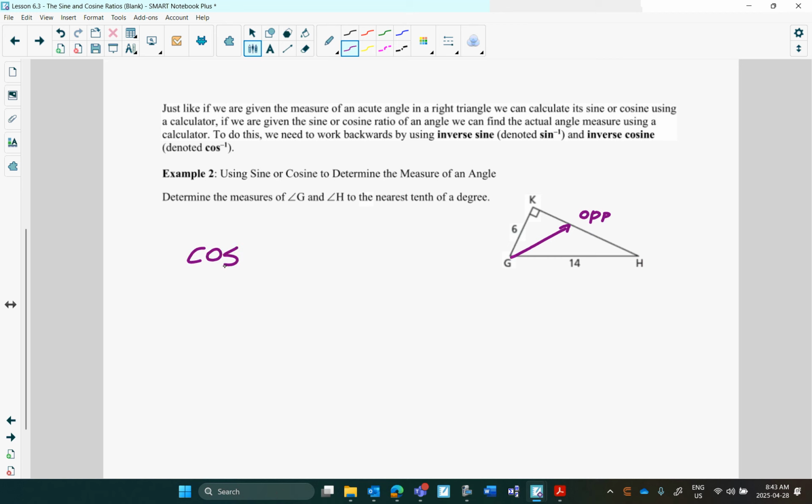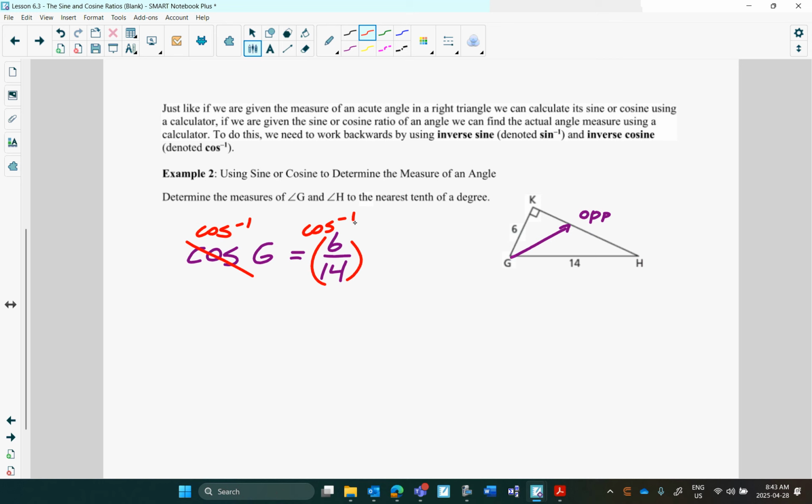So the cos of G is equal to 6 over 14. How do we get G by itself? How do we get rid of just cos? How do I cancel that out? Cos inverse. And whatever you do to one side of the equation, you have to do the exact same thing to the other.